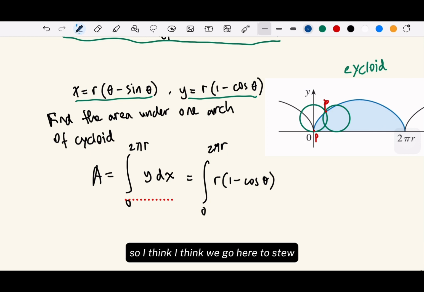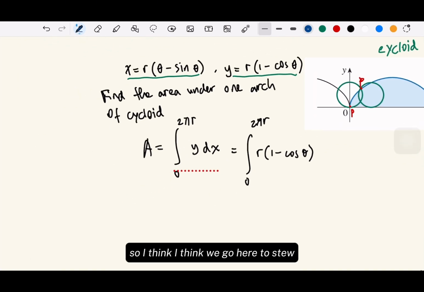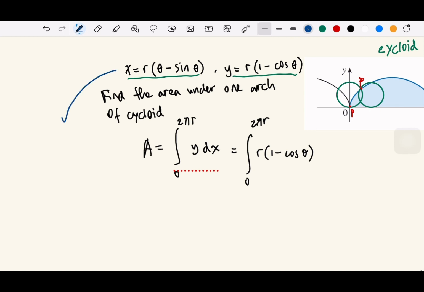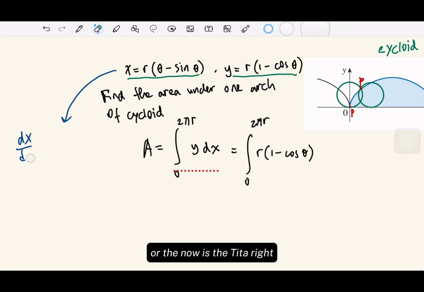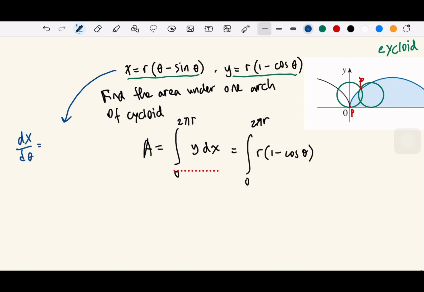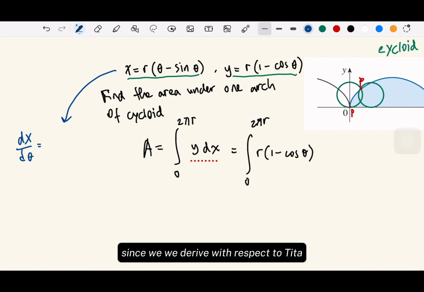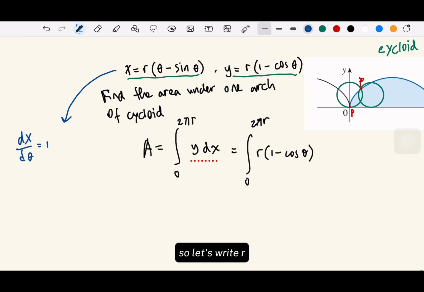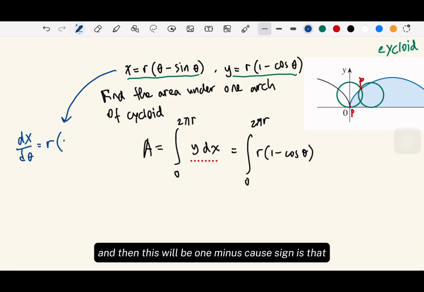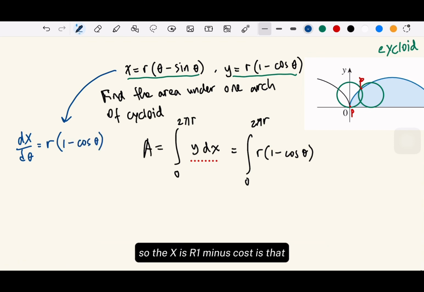So dx over d theta, since we derive with respect to theta, then r is just a constant. So let's write r, and then this will be 1 minus cosine theta. So dx is r(1 minus cos theta) d theta.